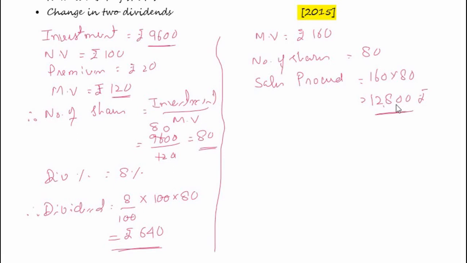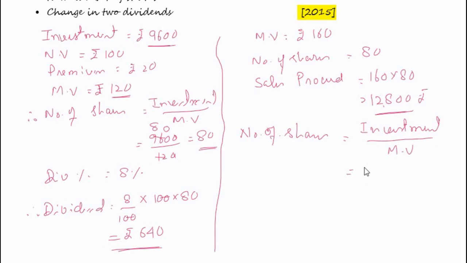Now he wants to invest this sales proceeds in shares of market value 40 and nominal value 50. So how many shares does he get? He gets here number of shares. Formula is investment divided by market value.